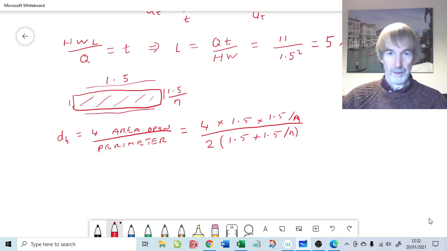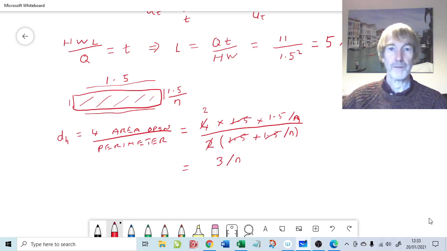Okay, we'll do a little bit of algebra here because obviously we want to try and simplify things. So first off, we can take that and make that into 2. That makes life simple. We can even take 1.5 out of everything. If we take that out, and that out, so that gives us now 3 over n on the top, 2 times 1.5 divided by n, and on the bottom we have just left 1 plus 1 over n.